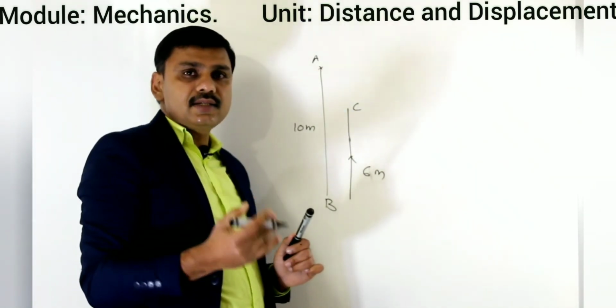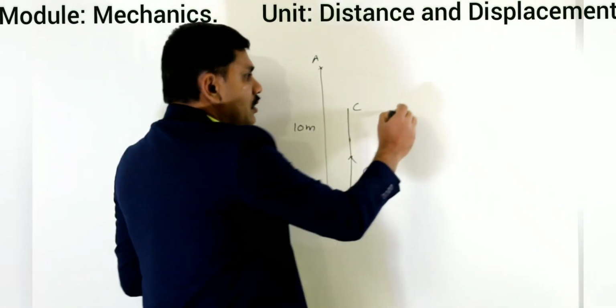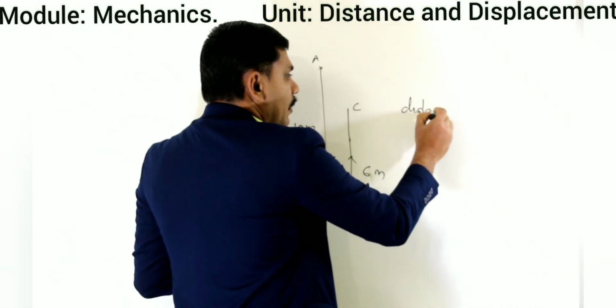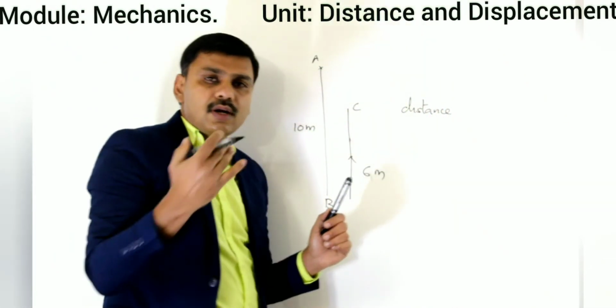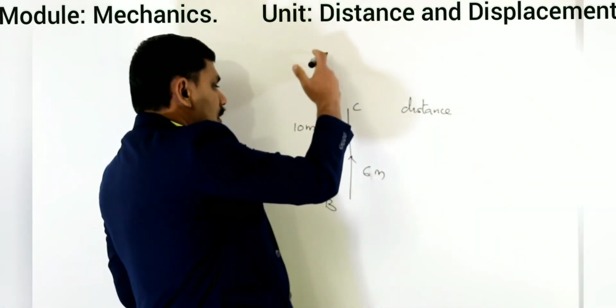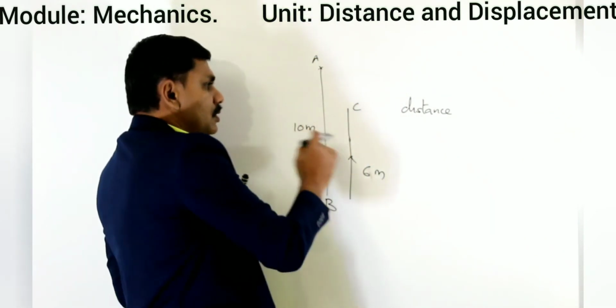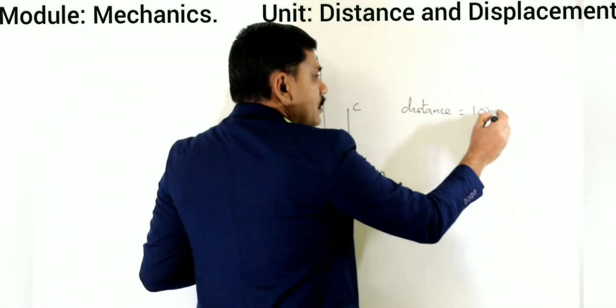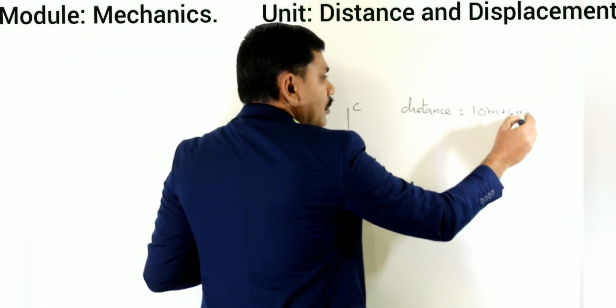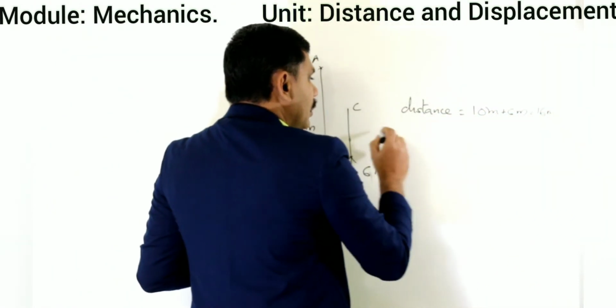Then what is the distance of the object? Distance equal to what is the total path covered by the object? It is from A to B, then upward motion. So 10 meter plus 6 meter equal to 16 meter.